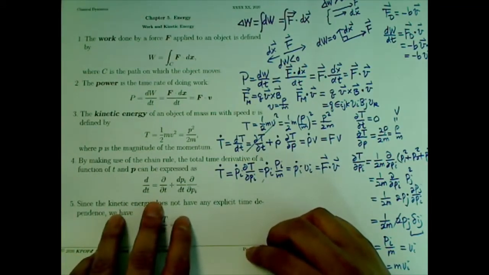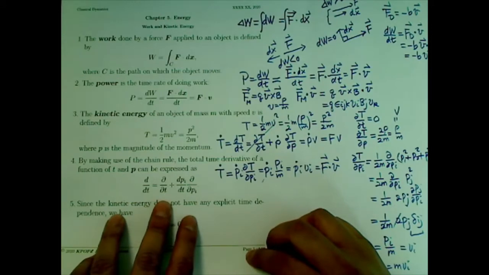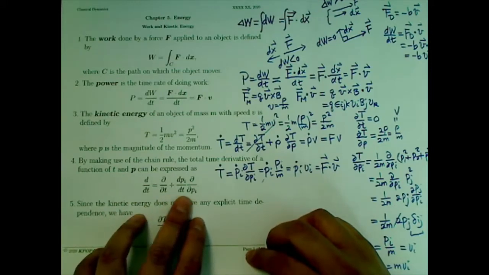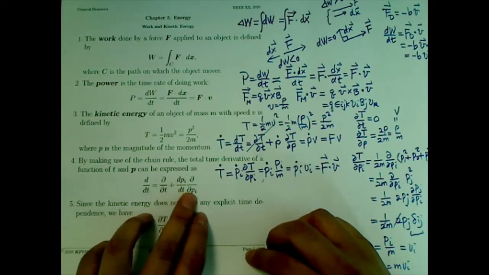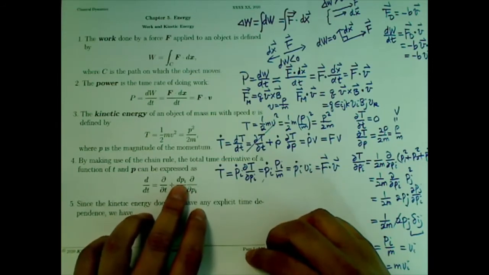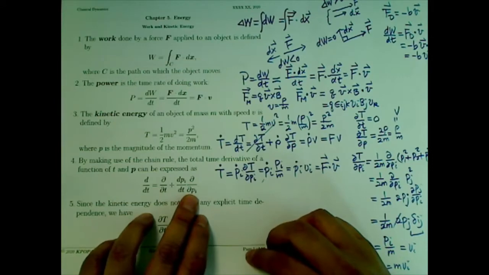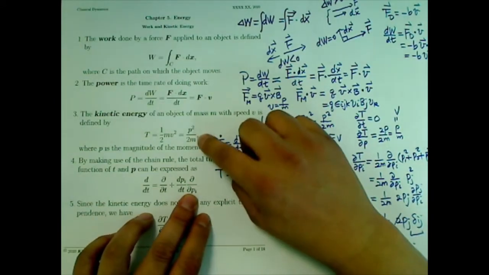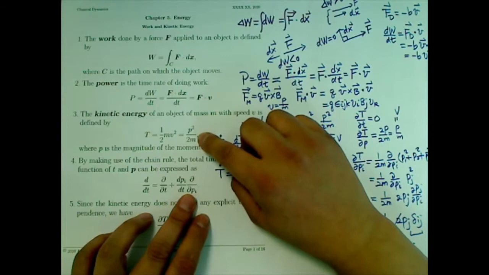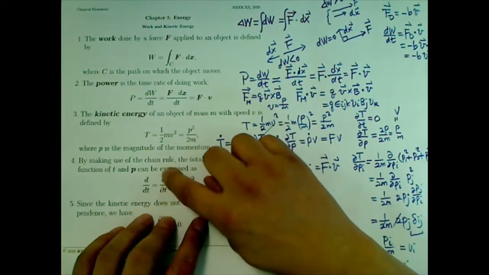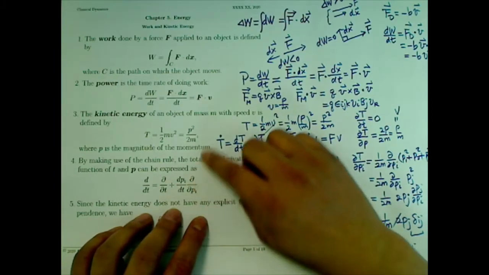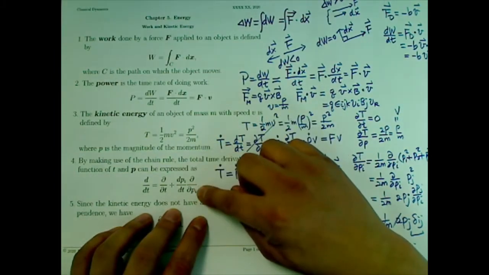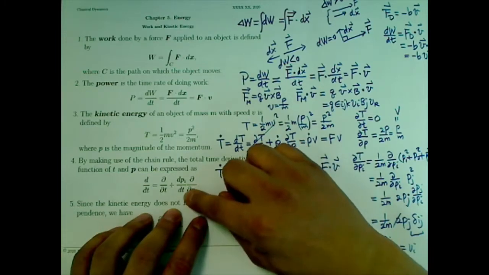The total time derivative can be computed with the partial time derivative and the chain rule that depends on kinematic variables such as position or momentum. In this case, kinetic energy is an explicit function of p, so the total time derivative can be made. The partial time derivative is vanishing, and we first take the partial derivative with respect to momentum, multiplied by the time derivative of momentum.